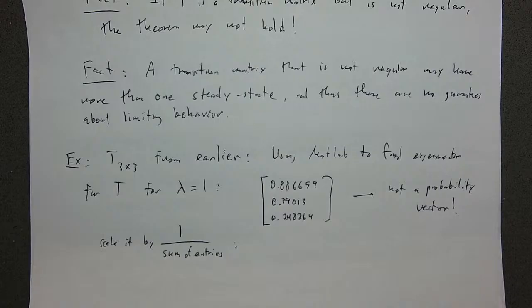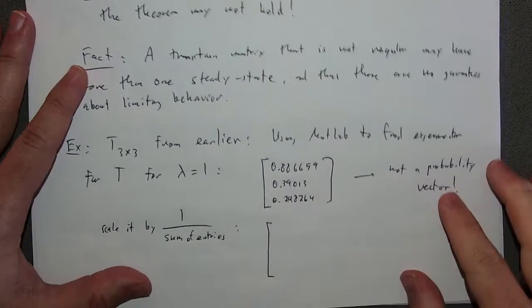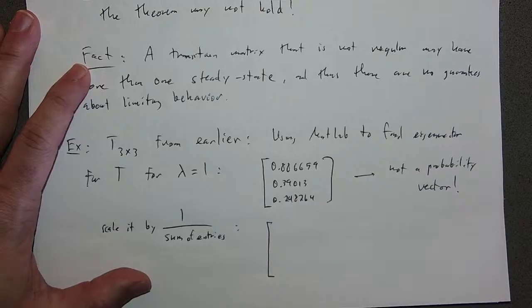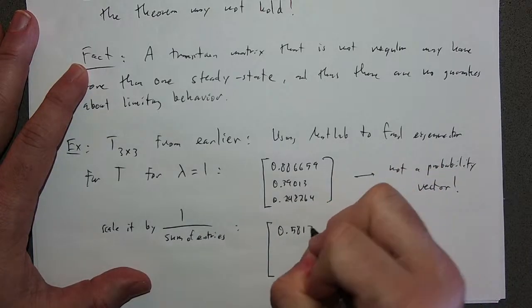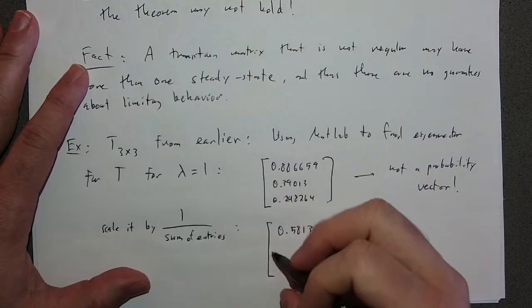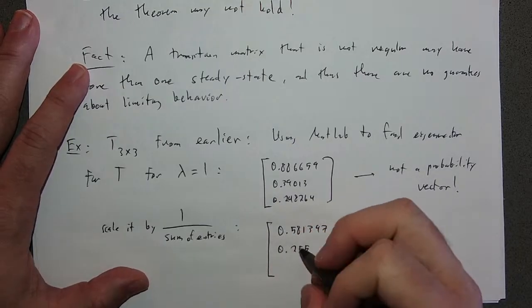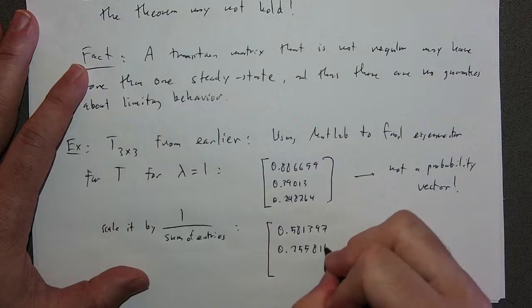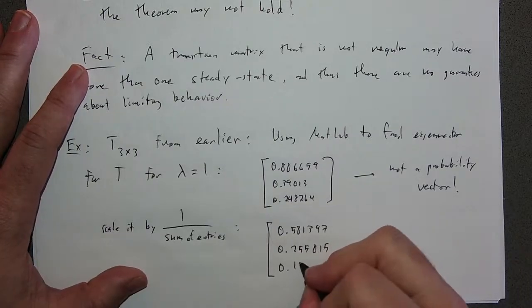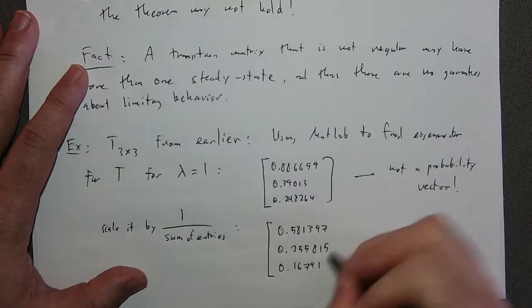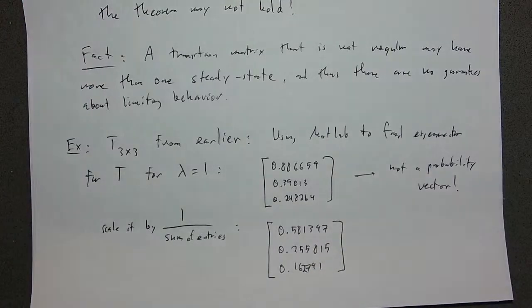So we scale this eigenvector by 1 over the sum of its entries. This gives us 0.581397, 0.255815, and 0.16791. Sure, everybody noticed that.